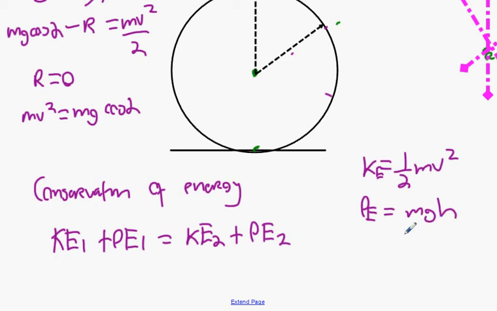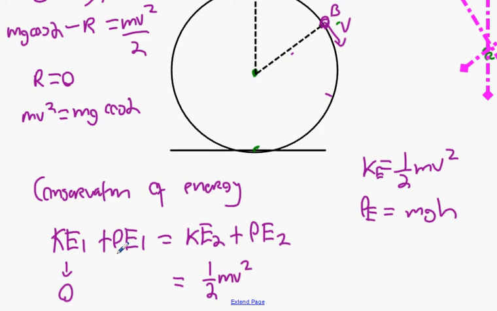Now, what is your kinetic energy at the start of the question? Are you moving? No. What's your kinetic energy at the end of the question as you leave with velocity v? A half mv squared, because you're exiting the point B at velocity v.